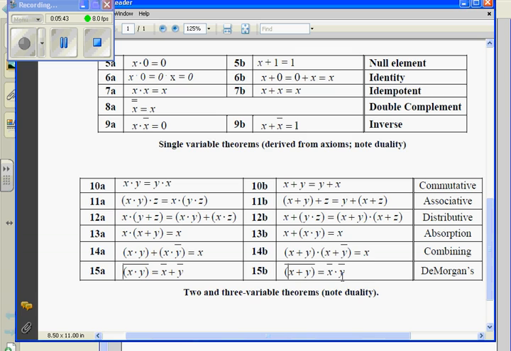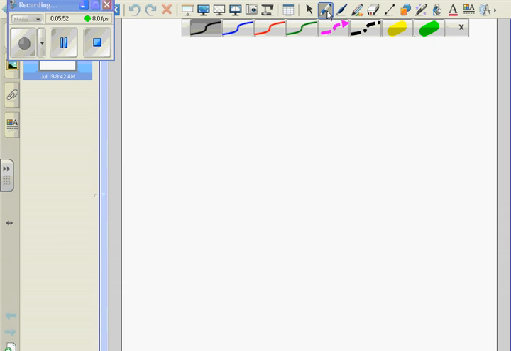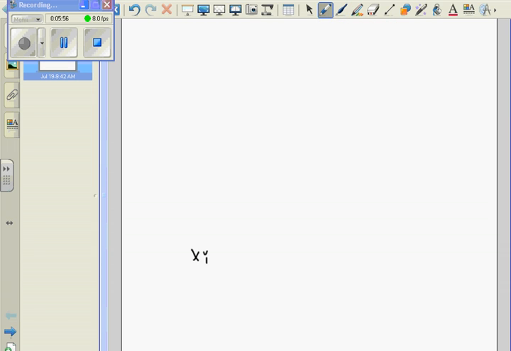So I'm going to walk through this axiom for you and show how to apply it to different equations. So let's pull up the Smart Notebook here. So again, we were saying that De Morgan's is saying that x, y, you don't always have to put the dot in the middle to show that they're ANDed, negated is equal to x naught or y naught.